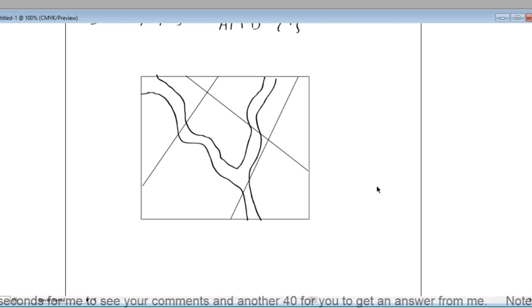This squiggle here would be our water, our rivers running through this county. Another thing that it can do is roads. So these straight lines running through here would be the roads. And so what we can say is where we have roads that are overlapping water, that would be a bridge.